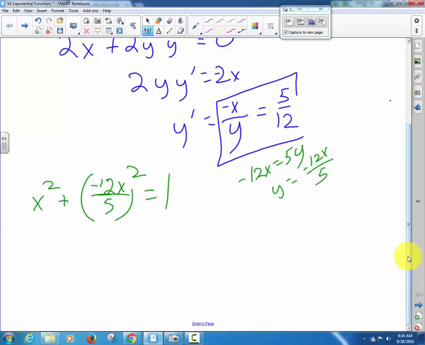Common mistake for students to make once they get to this point here. Ooh, I don't like all those squares, but everything's squared, so a lot of students will decide, all right, that means I can say x plus 12x over 5 equals 1, because the square root of x squared is x, the square root of that is that, the square root of 1 is 1. Makes my life easier. Wrong. Can't do that. Give you an explanation.